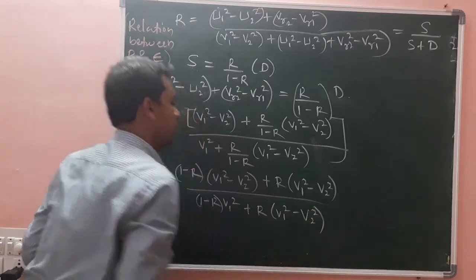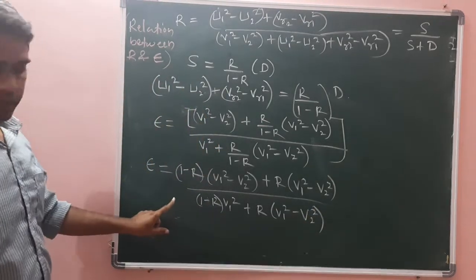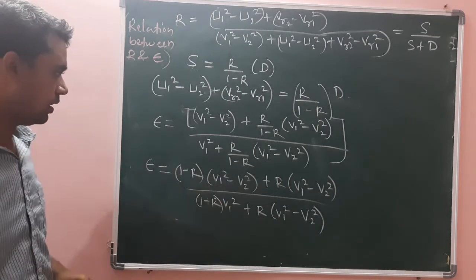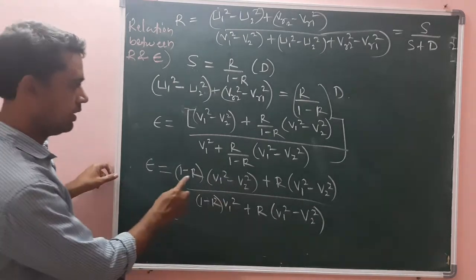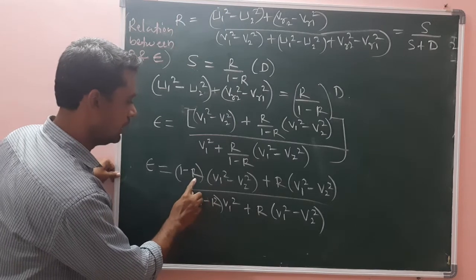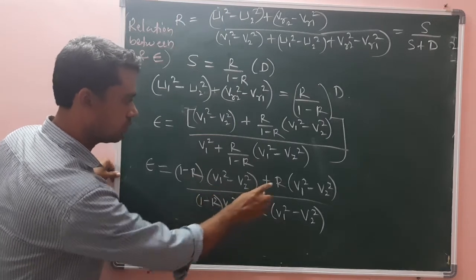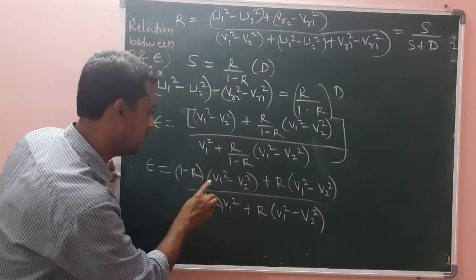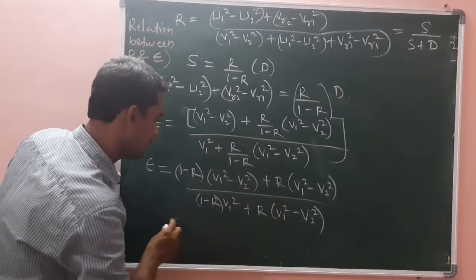Now I will simplify this. Here, R into v1 square minus v2 square will be negative and the other is positive, therefore they cancel.